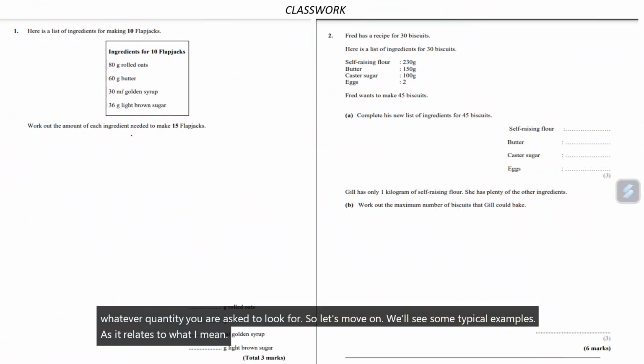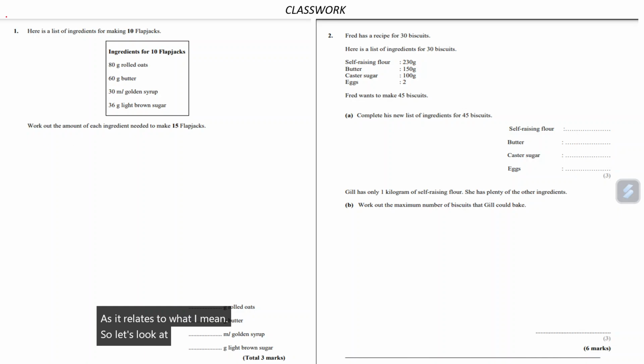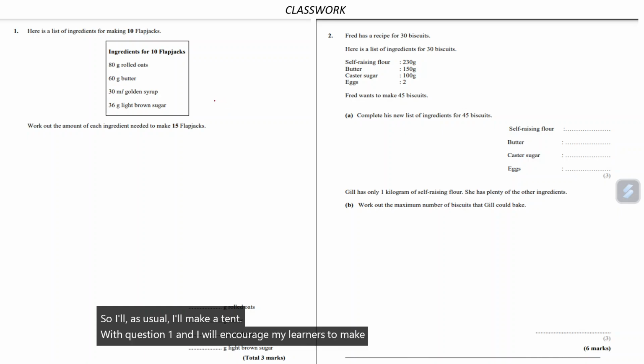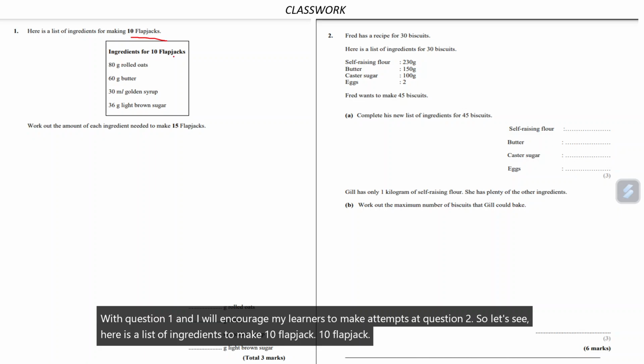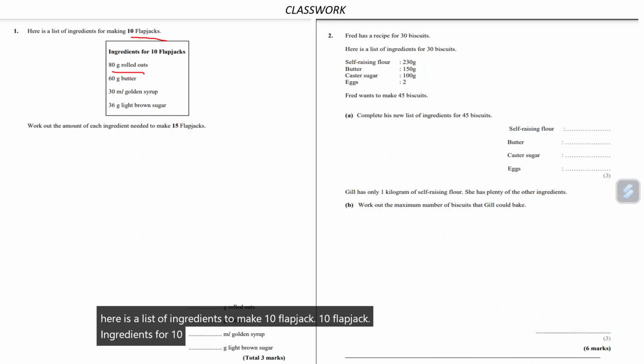So let's look at this now. As usual, I'll make attempts with question 1, and I'll encourage my learners to make attempts at question 2. So let's see. Here is a list of ingredients to make 10 flapjacks. The ingredients for 10 flapjacks are all listed here.